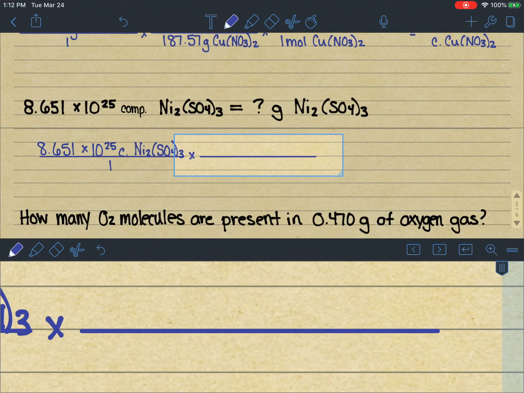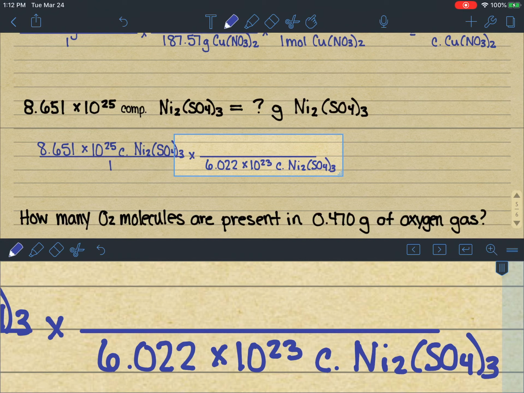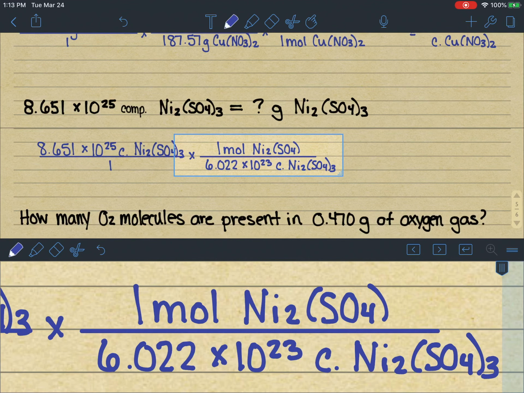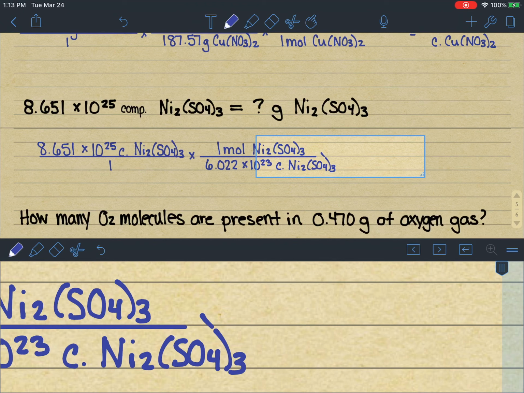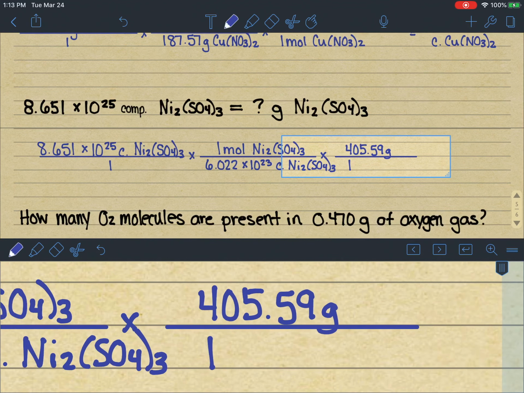All right, so we want to cancel out the compounds. We're going to use Avogadro's number over 1 mole. And then the molar mass of this, I believe, is 405.59 grams per mole.